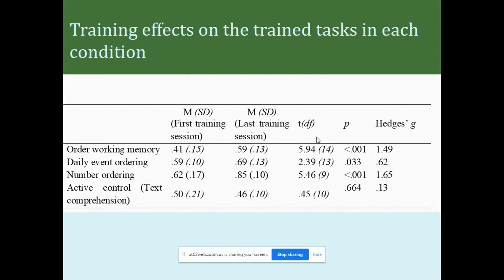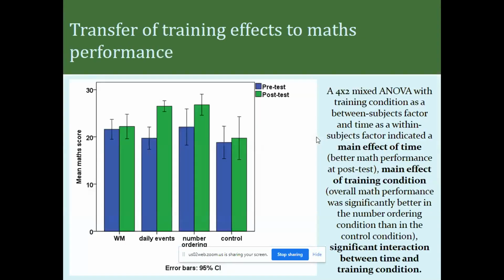So they especially improved on trials with larger distances between the numerals. There was also a significant training effect on daily event ordering, although it was not as large as in the other 2 conditions.